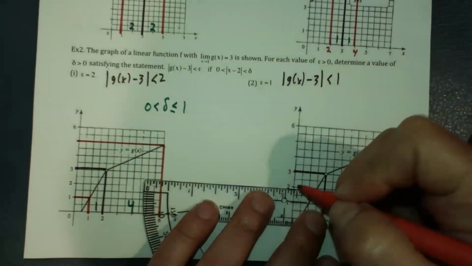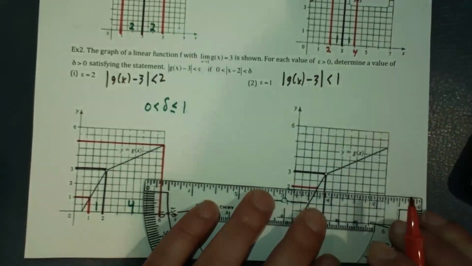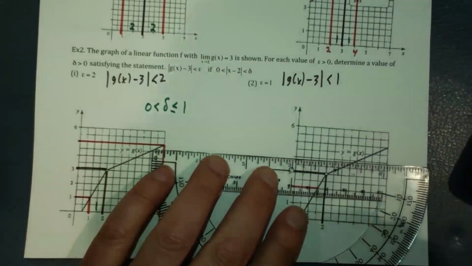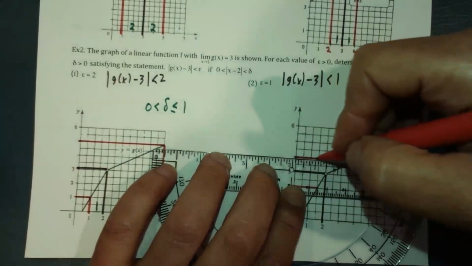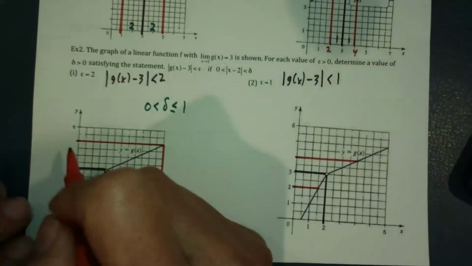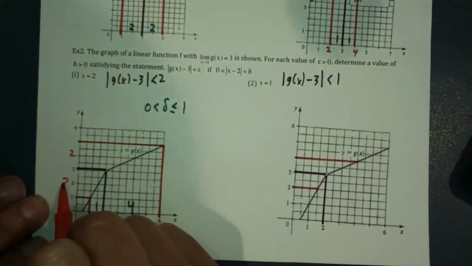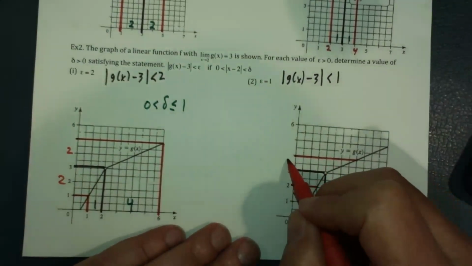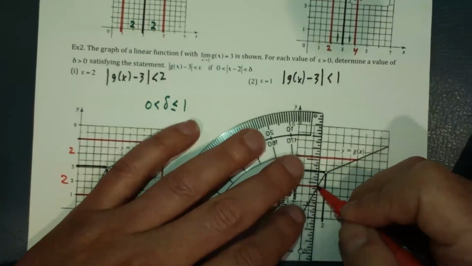So from 3, we're going a distance of 1. And from 4, which is right here, a distance of 1. So once again, and I forgot to mark this up over here, this was a distance of 2, a distance of 2. And now we have gone a distance of 1 and a distance of 1 there. So let's talk about in the X world now.